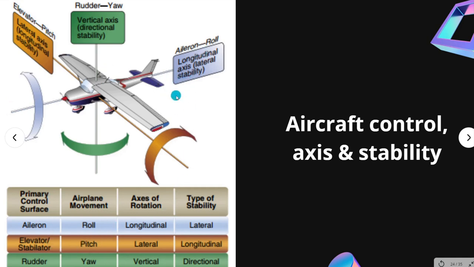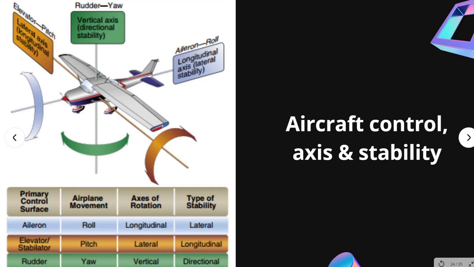Elevator is present in the horizontal stabilizer, which is used to pitch the aircraft, and the aircraft pitches about the lateral axis. This is the lateral axis of the aircraft. And the third one is the rudder. The rudder is basically used to yaw the aircraft, and the yawing is done about the vertical axis. So this is the vertical axis of the aircraft.